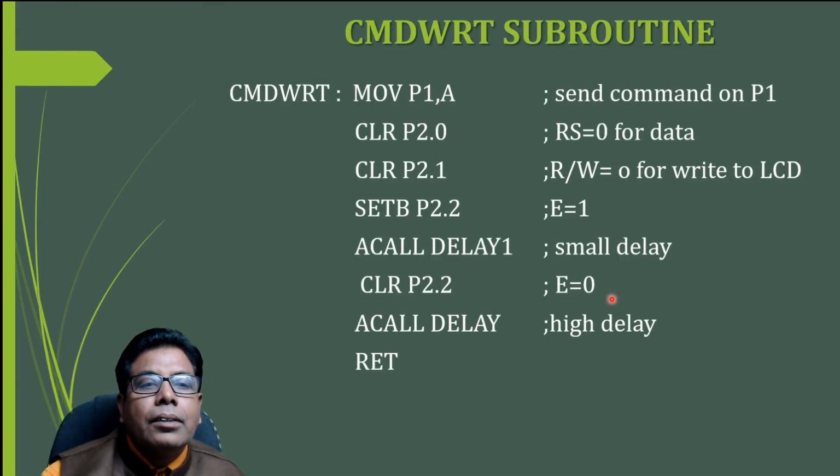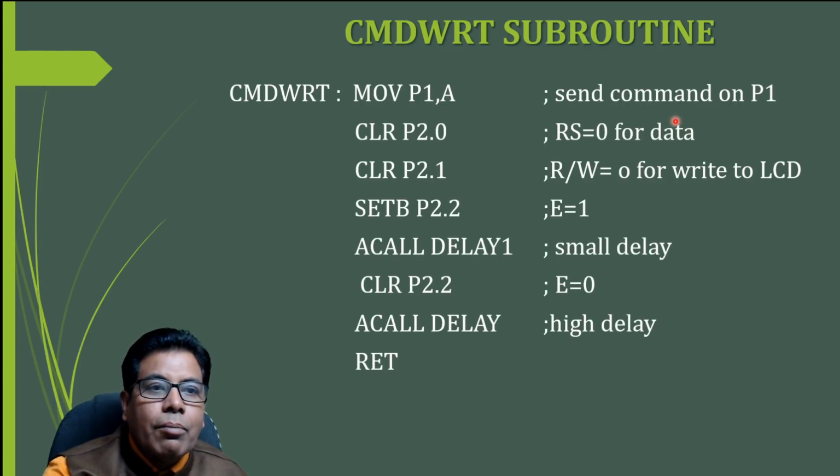Then the command write subroutine. So when we are writing the command, first whatever command we have loaded into the accumulator will be loaded into port 1 of 8051. Then for the command RS should be 0.